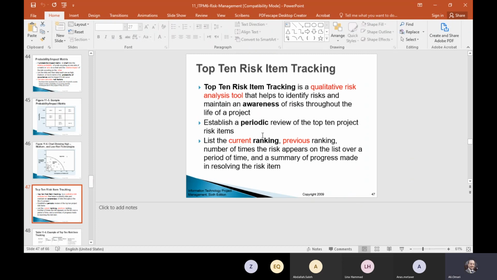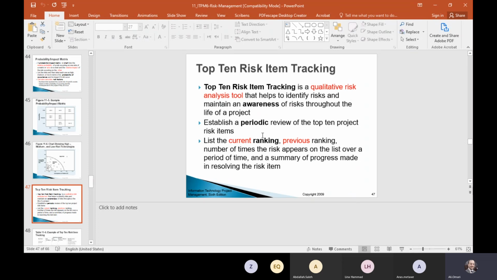It establishes a periodic review of the top 10 project risk items. So you have the top 10 risks, keep visiting those risks periodically and list the current ranking and the previous ranking at this point of time.